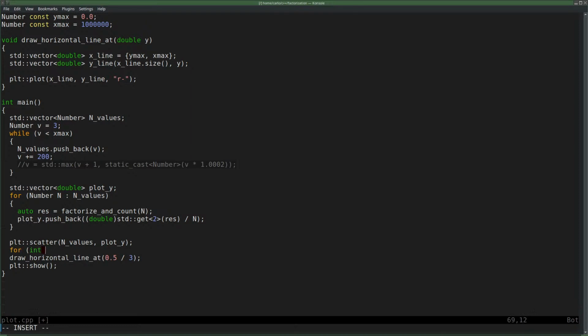Or int divisor, the d of divisor. D is less than, well, let's not make it too idiotic, 12. D, so all the odd numbers. D of divisor, we divide it by 1, 3, 5, 7, 9 and 11.